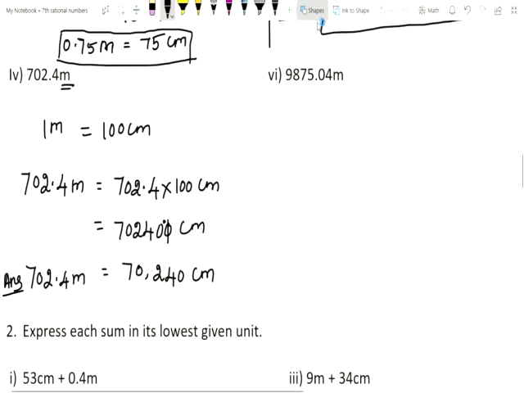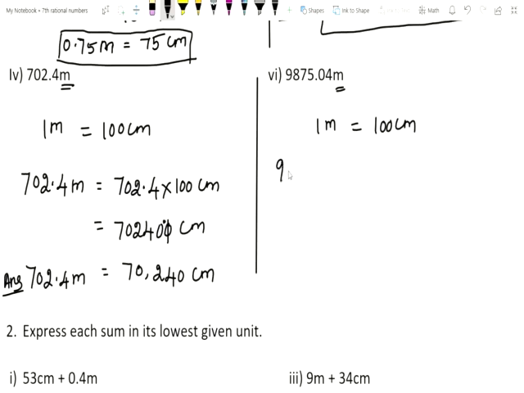See the next one. 9,875.04 meters. So meter we are going to convert into centimeter. So 1 meter equal to 100 centimeter.